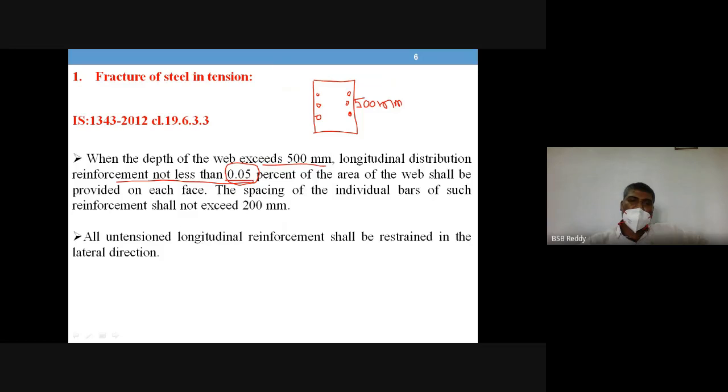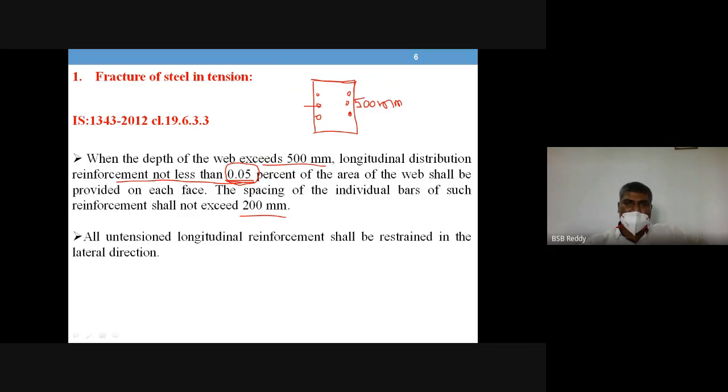So that is to be 0.05% of this area of the web. Okay, if it is an I section or flanged section, we call it the web. If it is a rectangle, the entire thing is a web. Okay, right. So the spacing of individual bars of such reinforcement shall not exceed 200 mm.